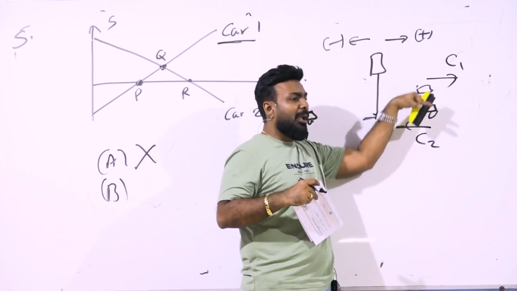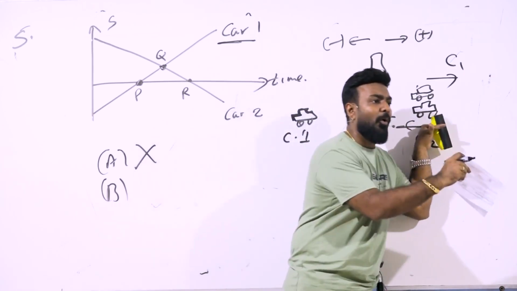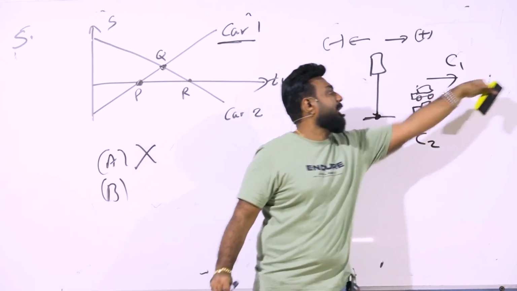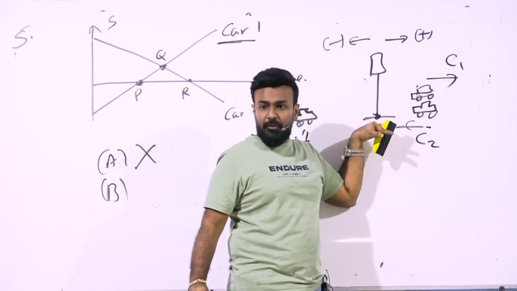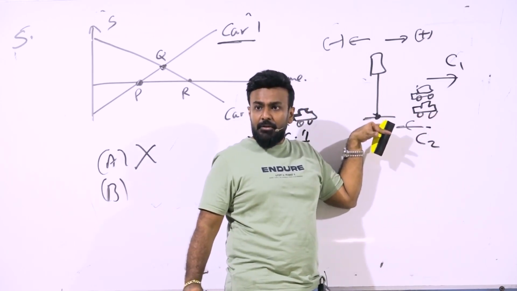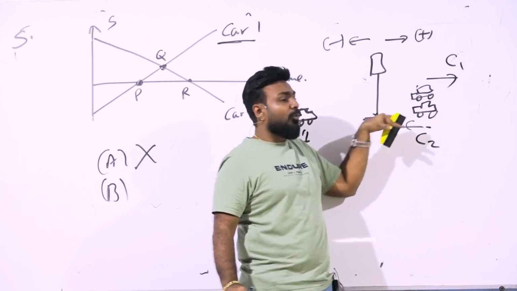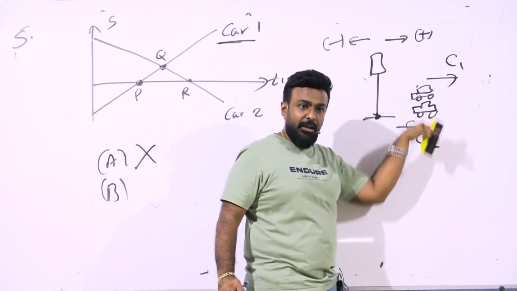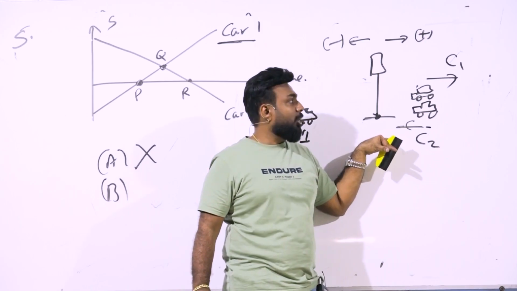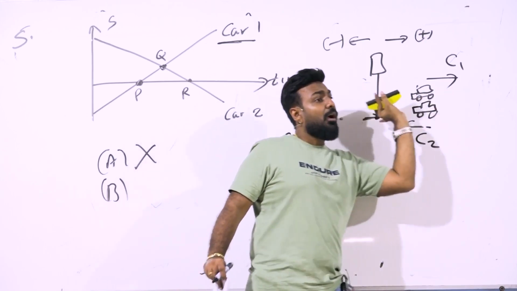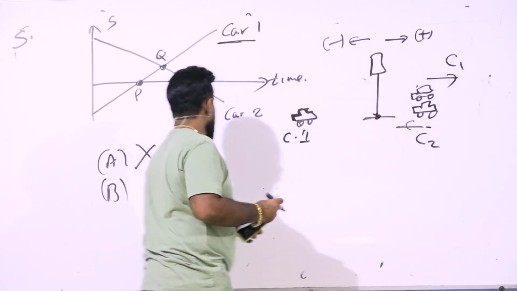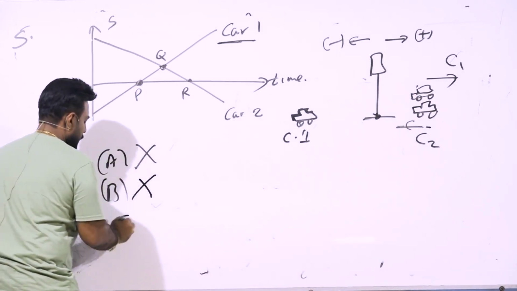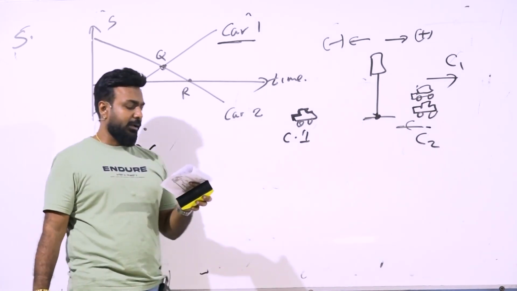Are they both moving towards the post? No, only C2 is moving towards the post when they meet. C1 is moving away from the post. Statement B is wrong. C becomes automatically correct now, right?